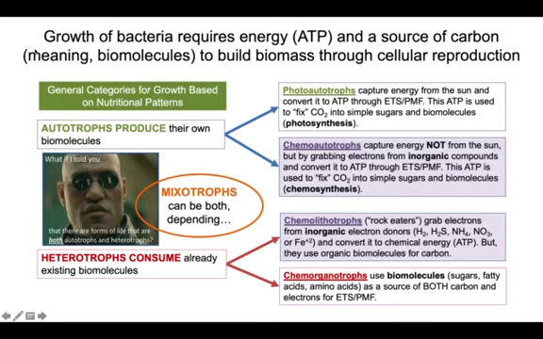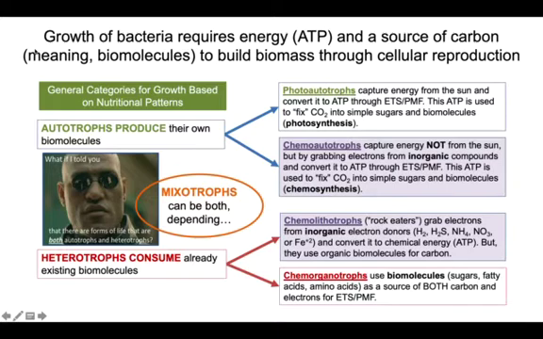Okay, this process done by photoautotrophs is photosynthesis. Okay, in the chemoautotrophs, and bacteria do this, they don't get their energy or the ATP from the sun, but they get it from inorganic compounds.